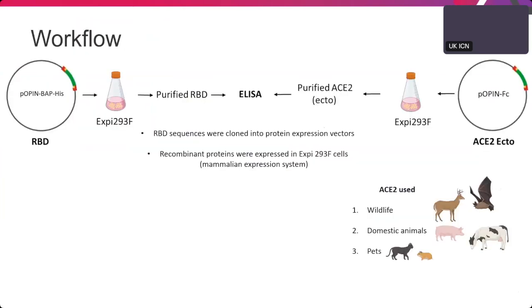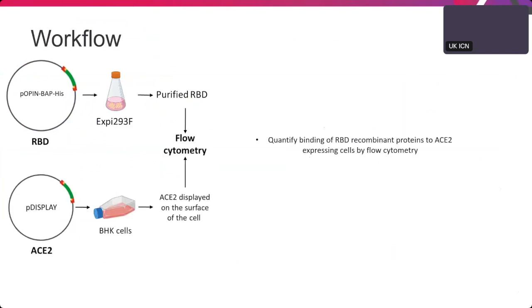To examine their binding, I initially cloned RBD and ACE2 ectodomain sequences into protein expression vectors and transfected them into Expi293F cells to express recombinant proteins. The binding of those recombinant proteins was then quantified using ELISA. We also performed another binding assay, flow cytometry, to screen the binding of the recombinant RBD proteins to ACE2s displayed on the surface of cells.